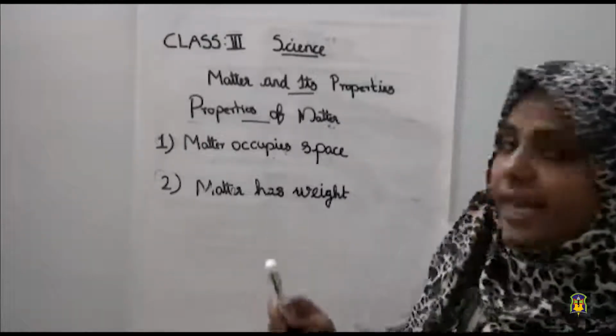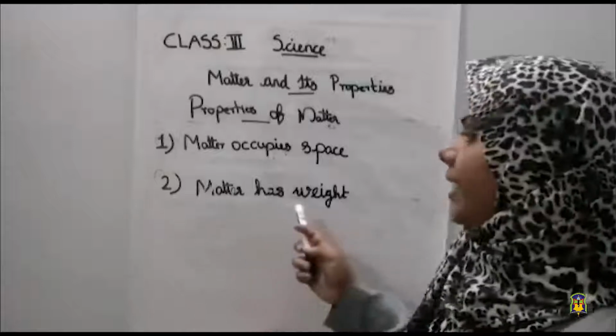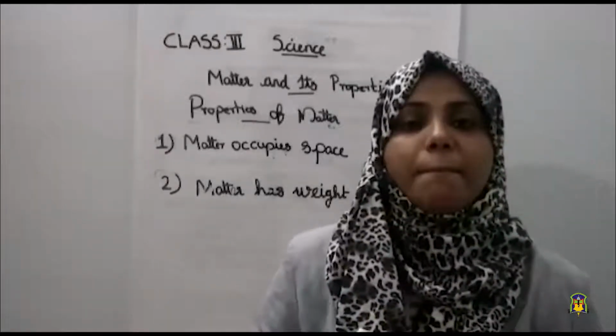The second property is that matter has weight. We know the definition of matter: any substance that has weight and needs space to occupy is called matter. Each and everything around us has its own weight.